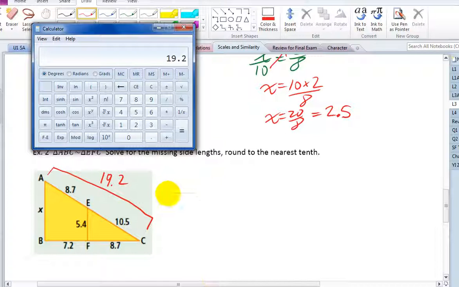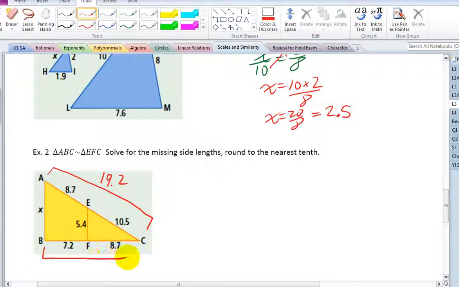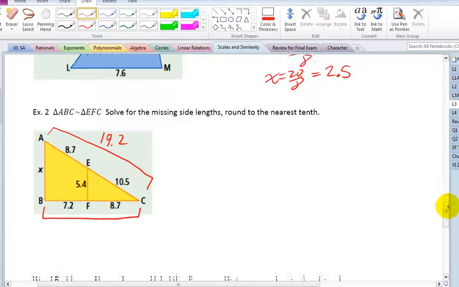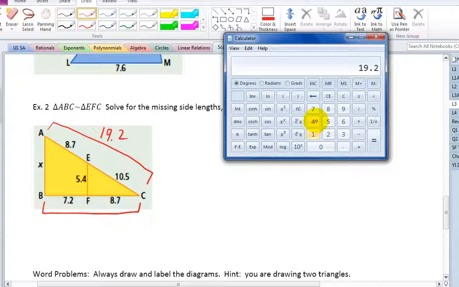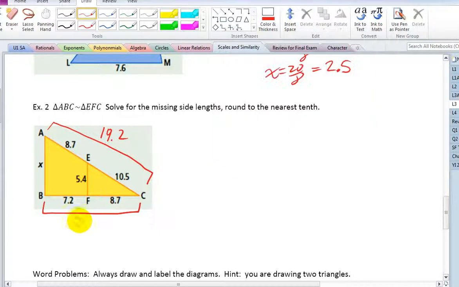And what other measurements are you going to need to add together? B to C. Okay, so you want to add that one up as well. Again, you got to do some thinking. We don't want a bunch of barfers. So we have 15.9. People that don't think and just kind of throw up on the page. No, it's a Barker with a K, not an F.